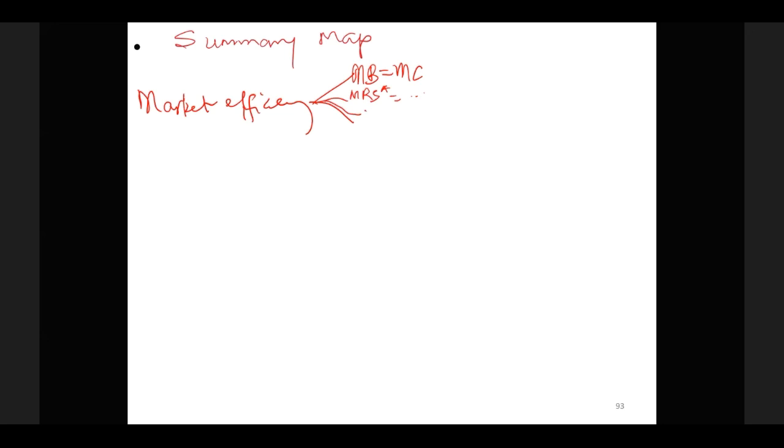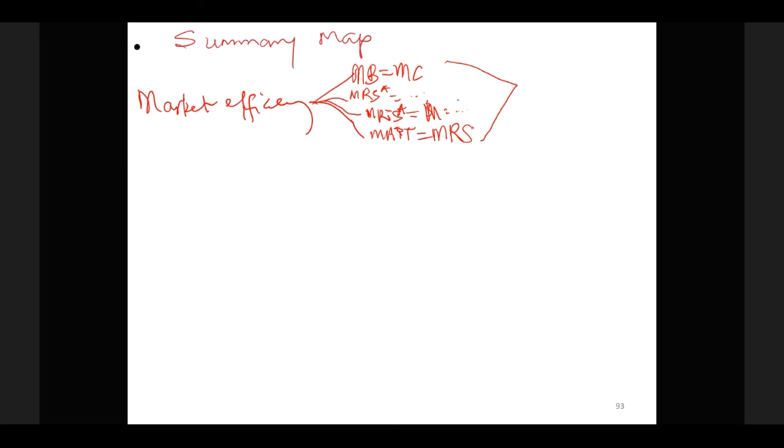We talk about efficiency in production where the marginal rate of technical substitution for firm A must be equal to that of firm B, must be equal to that of C, and so on in the market. Then we talk about the fact that there must be product mix efficiency where the marginal rate of product transformation is equal to the marginal rate of substitution for all the consumers in the market.